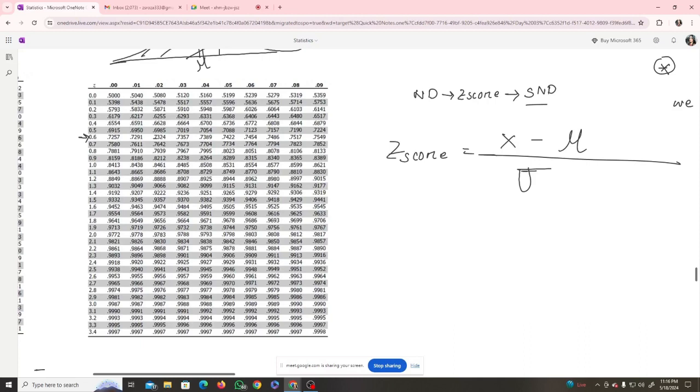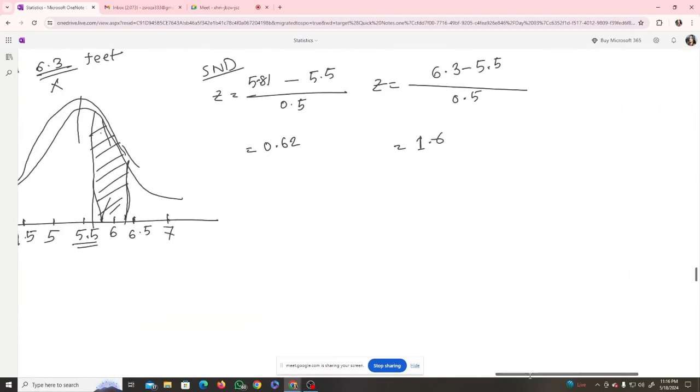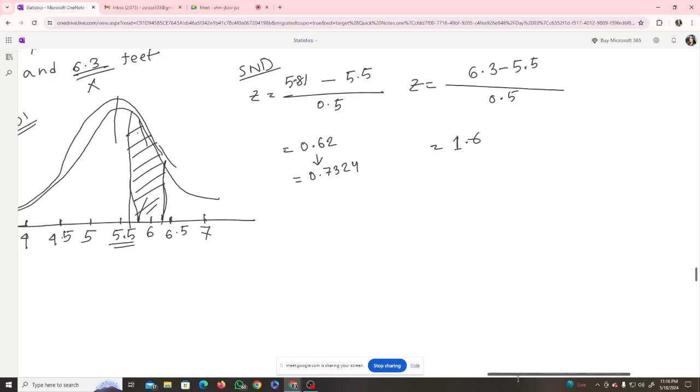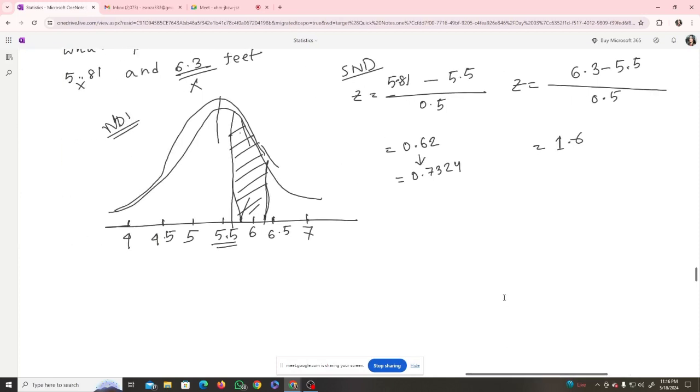So this is our value that we are looking for, which is 0.7324. For this we are getting the area 0.7324.